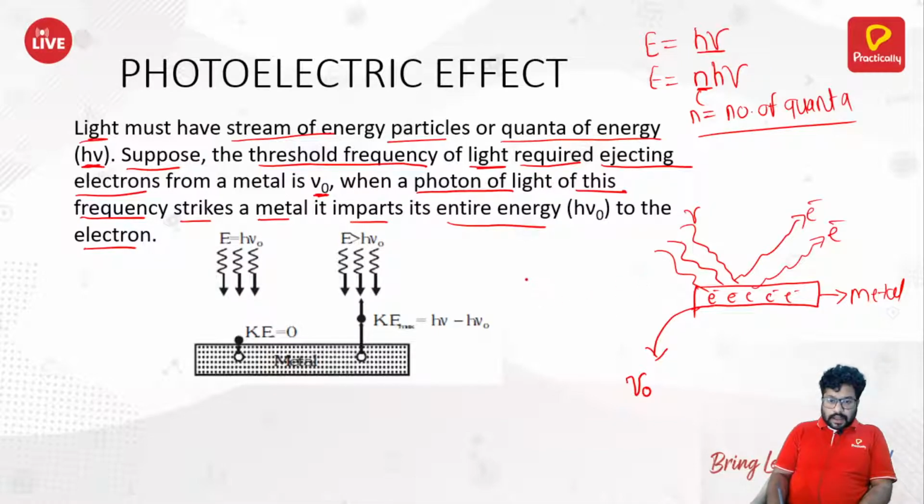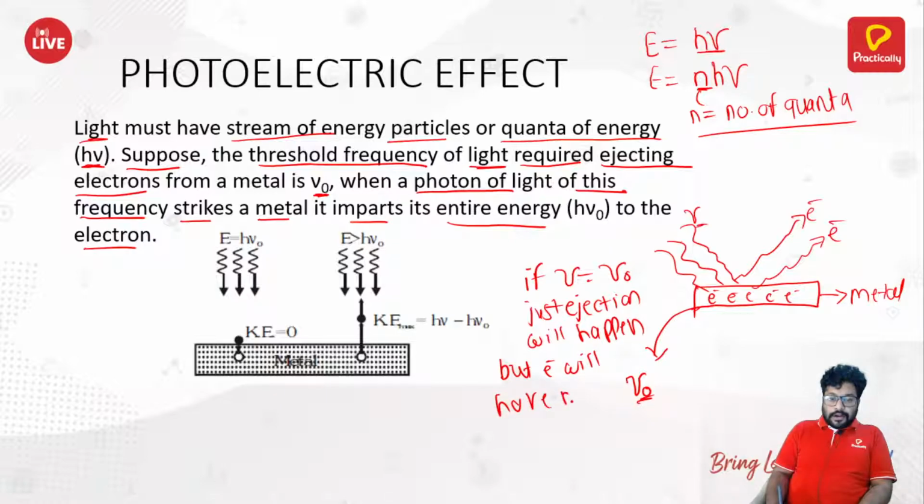Suppose now this nu is equal to nu zero, then ejection will just happen. Just ejection will happen. But the electron will have no kinetic energy. Why? Because nu is equal to nu zero. Nu is what?